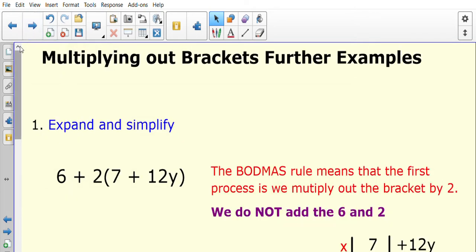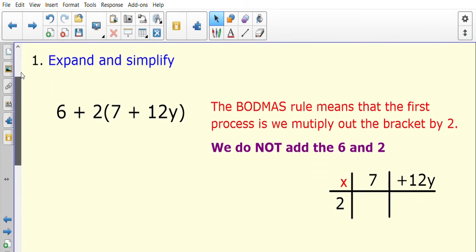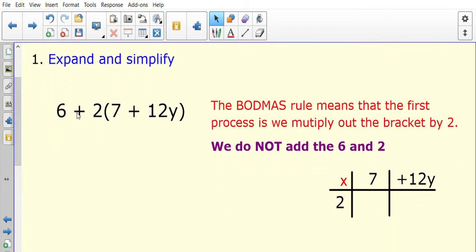So, here's an example here. 6 plus 2 times your bracket. Now the Bodmas rule means that you need to deal with the bracket first. So we need to deal with 2 times the bracket.